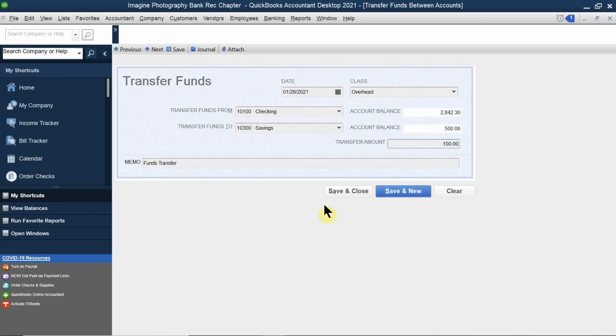Do you need to put a memo? You could put your memo on whatever it is, but it is a funds transfer for any reason that you want to do this, all right? If you need to make a payment or something, then put that in the memo. But in this case, it's a bank transfer, and I can go ahead and click Save and Close.